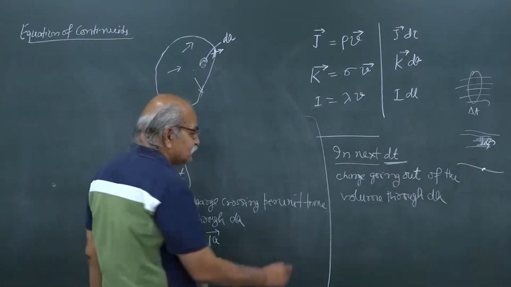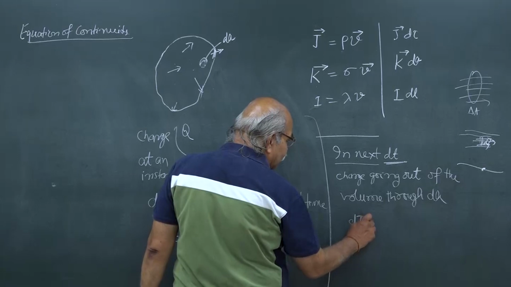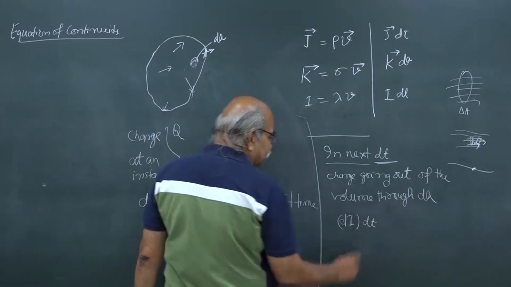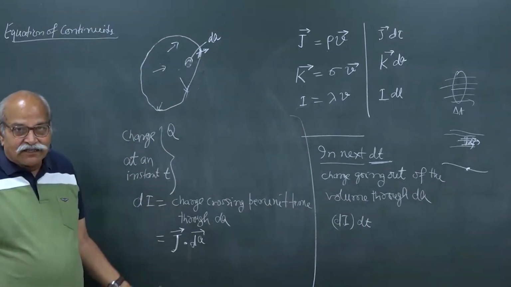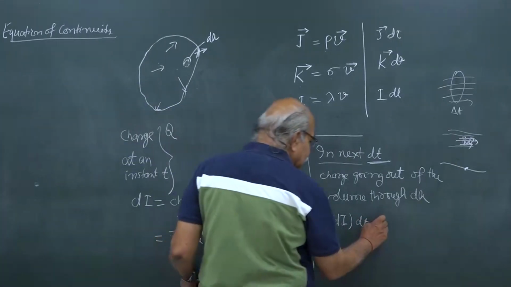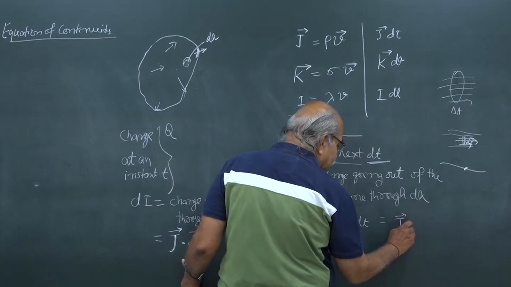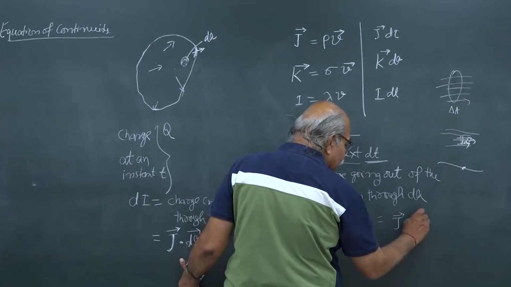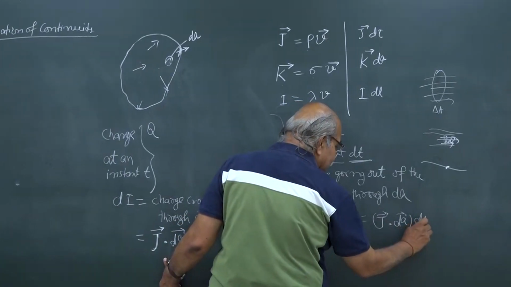How much is that? That will be the current multiplied by the time interval, that is how we define the charge. That will be this J dot dA, times dt.